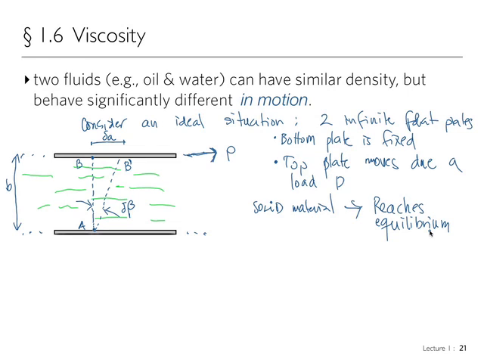Now, a shearing stress would develop there, let's call the shearing stress tau. We usually use the Greek letter tau, and that's going to be equal to the load applied P divided by an area of the plate.